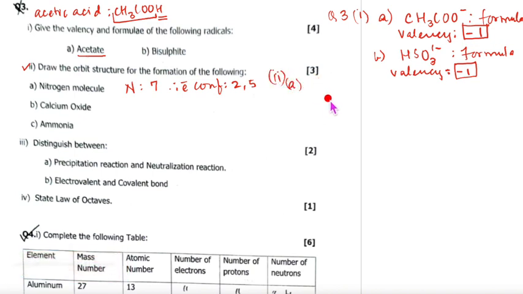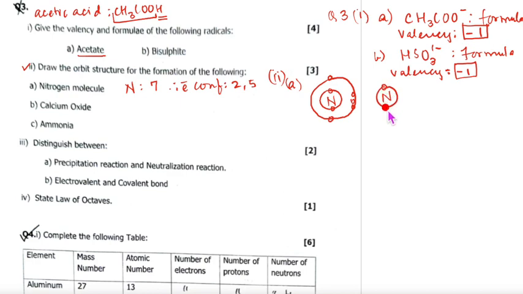A will have nitrogen. Nitrogen will be the first, will be your 2 and the second one will be your 1, 2, 3 and 4 and 5. And another nitrogen will be like so.